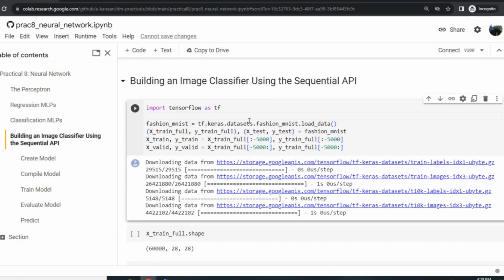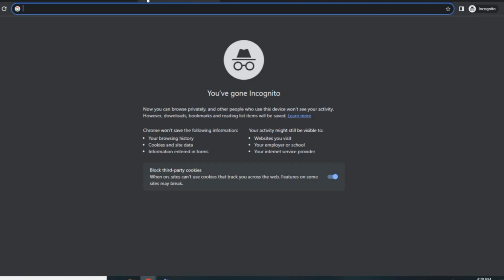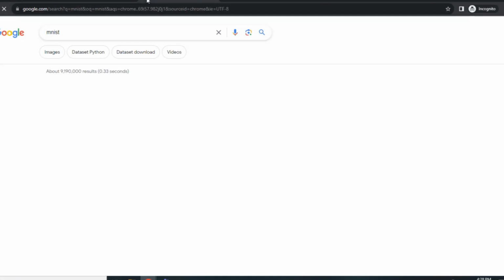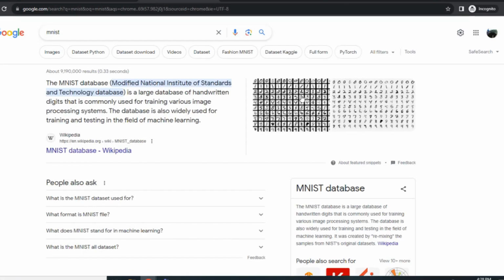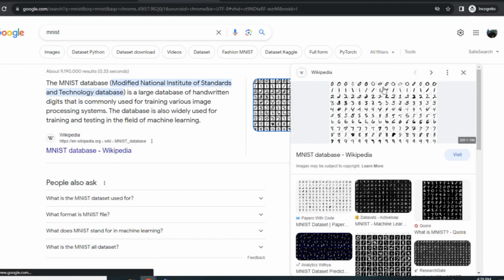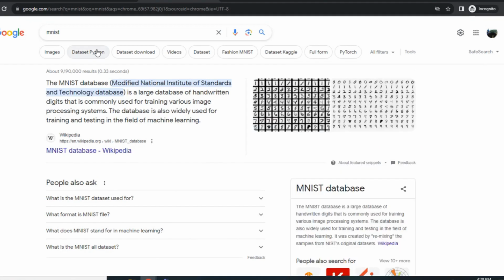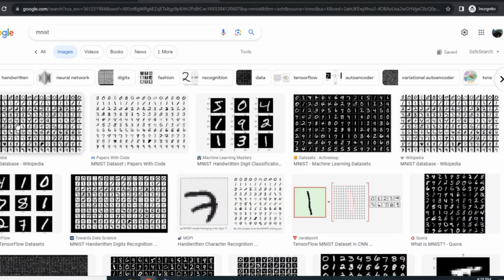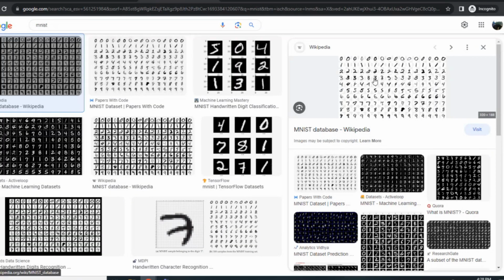Okay, for this example, we're going to use fashion MNIST. Remember, last time in practical 6, we used MNIST, right? Do you remember? Or already forgot? After the practical test, wipe out, remove everything. So in MNIST, we were looking at handwritten digits.